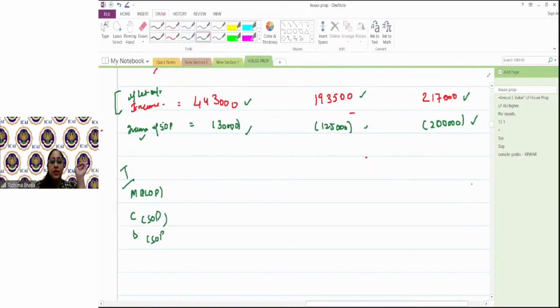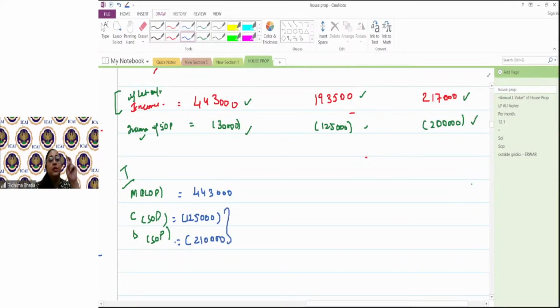ध्यान से सुनना guys, अगर ये समझ आ गया तो बहुत easy है. Now अगर मैं मुंबई को deemed let out property मानती हूँ तो 4,43,000 would be the income, right, और बाकी दोनों को self occupied मानती हूँ, so 1,25,000 would be the income loss from self-occupied property in Chennai and loss from self-occupied property in Delhi.